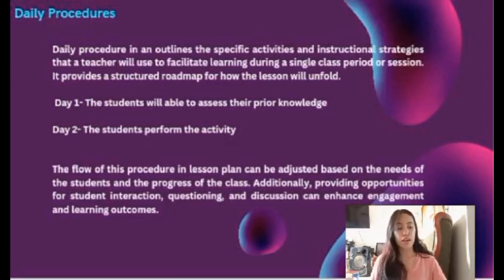So in assignments, diha na ma-assign ang mga relevant tasks for reinforcement or extension, and also lastly the flow in the daily procedure on that day, you give reflection to identify the areas for improvement and adjustment for the lesson given day by day.